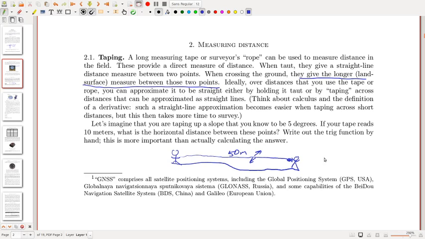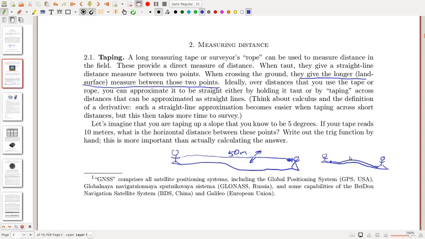So I'll just draw another quick image. So there's me, there's the partner. And so if we have the tape on the ground between us, the tape is also following these contours of the ground.